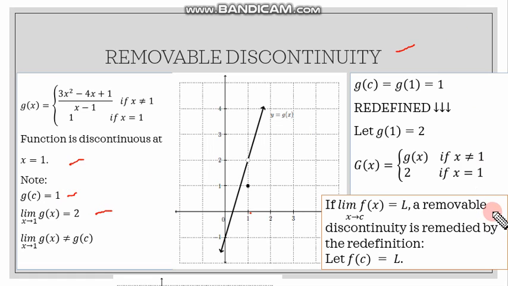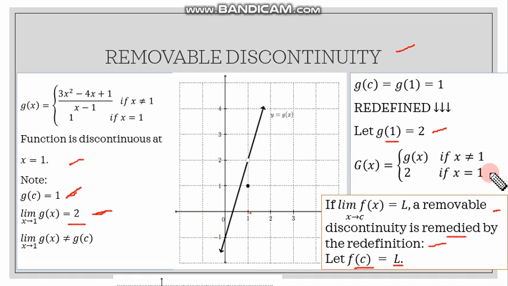So in order to fix this, there's a remedy for a removable discontinuity by redefinition. We will let our g of c equal the limit of the function. So g of c is equal to 1, so we will redefine it and let g of 1 be equal to 2, the limit of the function.